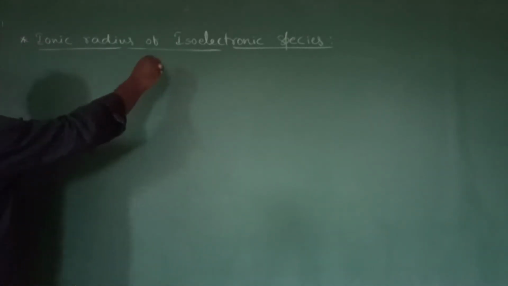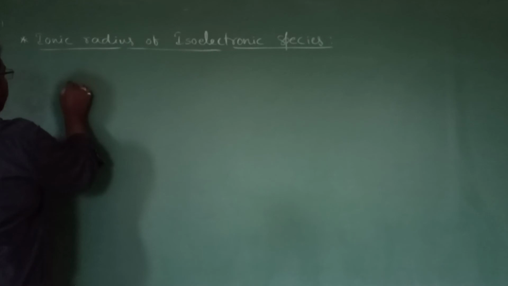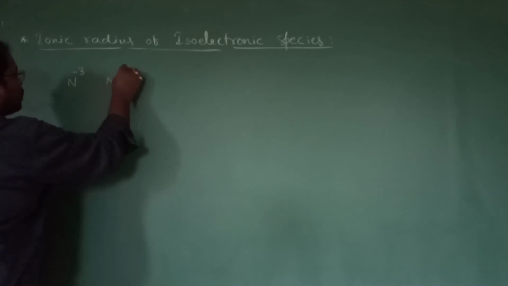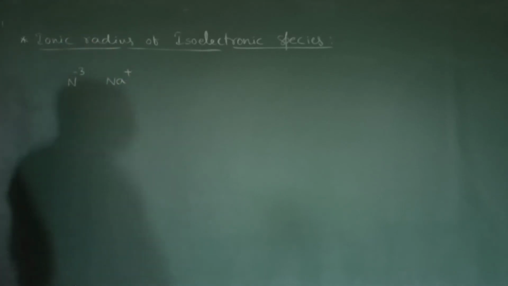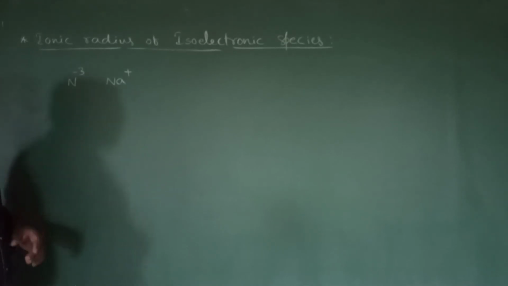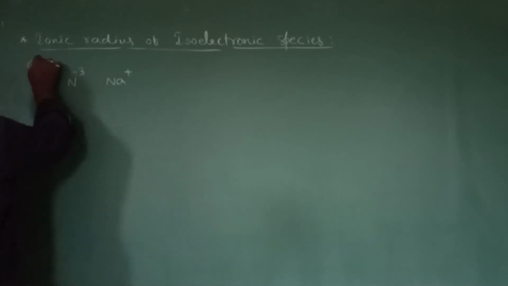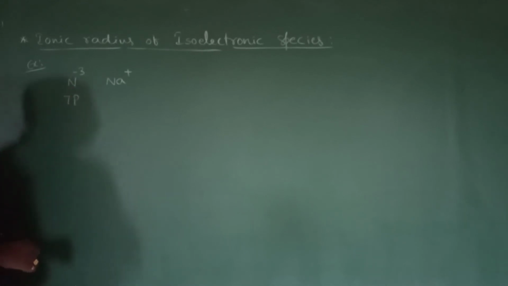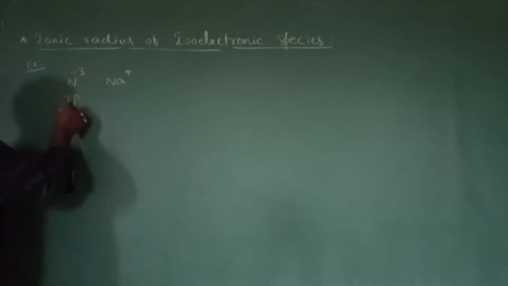Let us check this one. For example, let us check these two. Okay? So first of all, whether these two are isoelectronic or not. Let us check this. So nitrogen, atomic number 7. So 7 protons, gained 3.